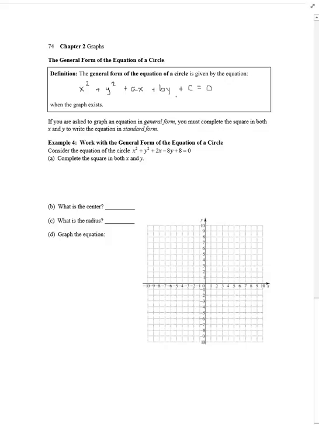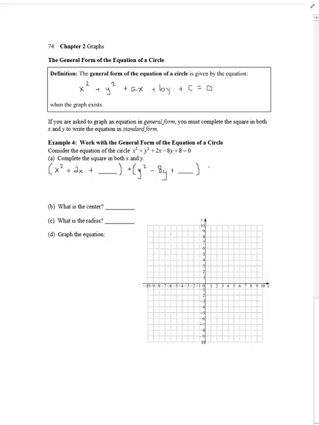So if you're asked to graph an equation that's given to you in general form, we have to complete the square in both x and y to get to standard form. So the first thing we do is get our x's together and our y's together. So we have x squared plus 2x plus something I'm going to get from completing the square, plus y squared minus 8y plus something I'm going to get from completing the square.